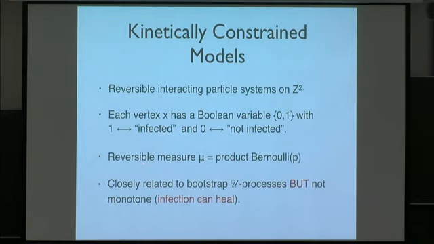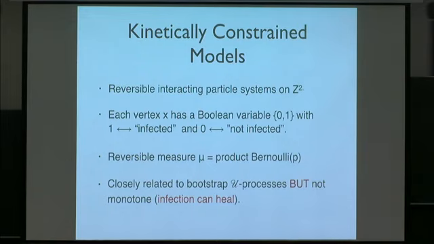A first key feature of this KCM is that the reversible measure is completely trivial. It is just IID variables, in which the probability of being 1 is p. So they do not feature complex Gibbs measures, like in other statistical physics spin models, the Ising model, Potts model, or related.